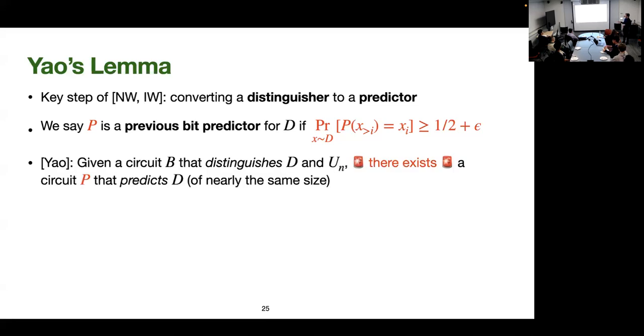And so there's this lemma called Yao's lemma, which says, given a circuit B that distinguishes between this distribution and the uniform distribution, there exists, with the alarm bell emoji around it, a circuit P that predicts this distribution, and that circuit is almost the same as B. It's very close in size.